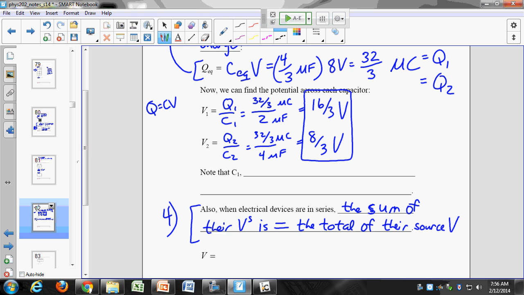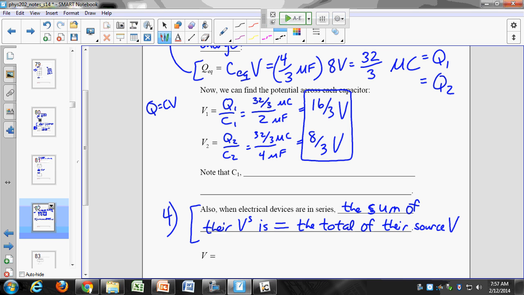In this case, it was a battery. But we'll see in more complicated circuits that we'll take an individual branch of a circuit, and we'll say the potential across this branch is X volts. And the sum of the potentials across each individual capacitor in series will equal that total.